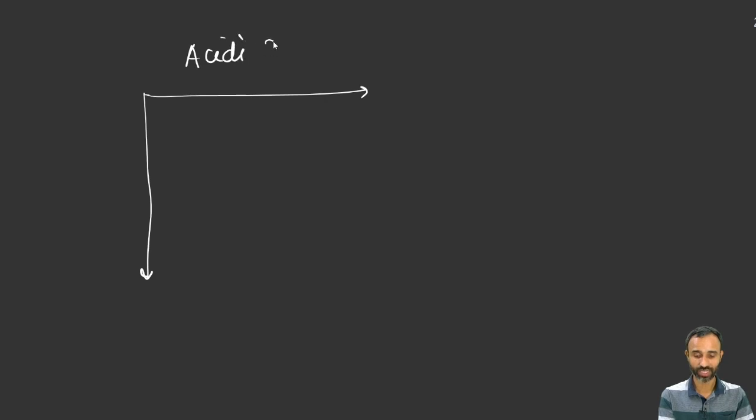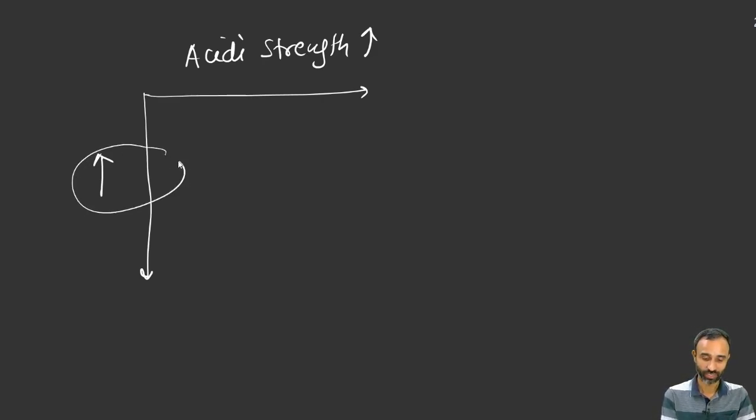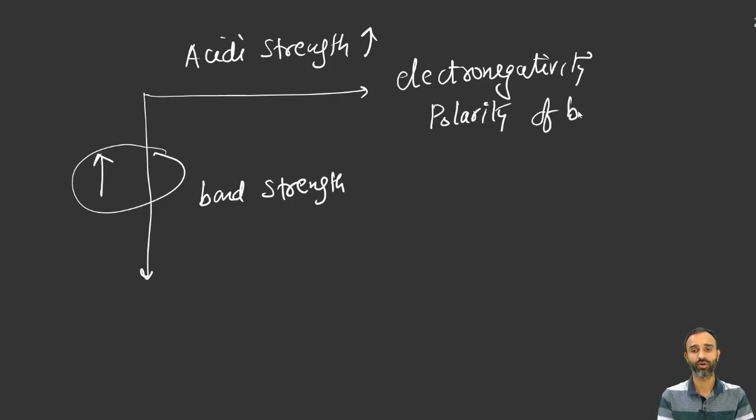So in case of hydrides, whether we go along the period or down the group, acidic strength increases on both sides, because down the group bond strength decides, along the period electronegativity, or we can say polarity of bond decides.